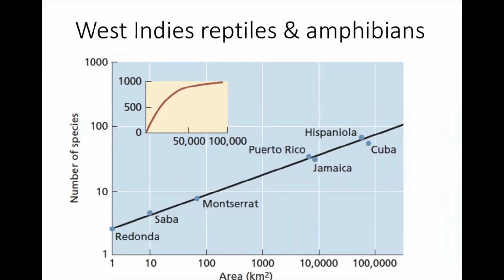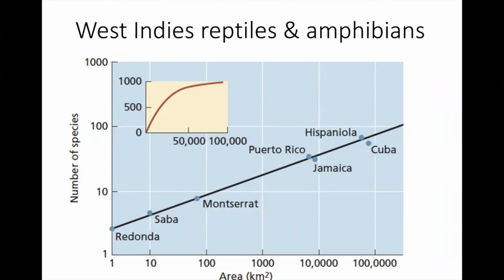So the bigger the island, the more species. And if we transform this graph so that we're going up by orders of magnitude instead of incrementally by 1 extra kilometer squared, but by 1 kilometer squared, to 10 kilometers, to 100 kilometers, to 1,000 square kilometers. Here's Cuba. Notice how close Cuba and Hispaniola are on here. But on the map, that's Cuba and that's Hispaniola.